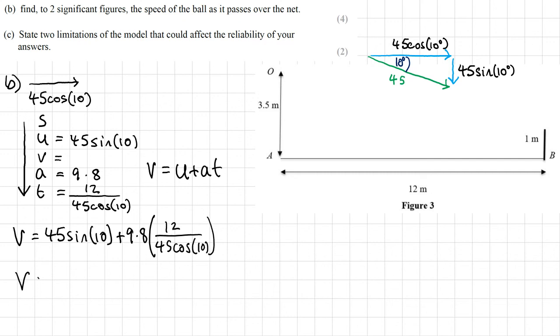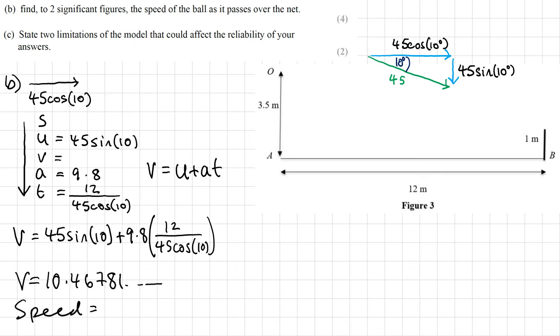So that will give us v equal to 10.46781, and so on.